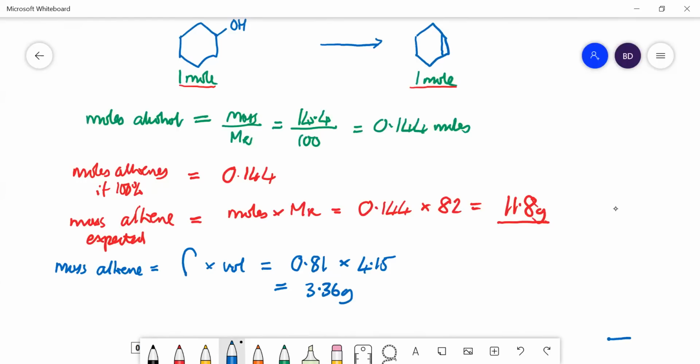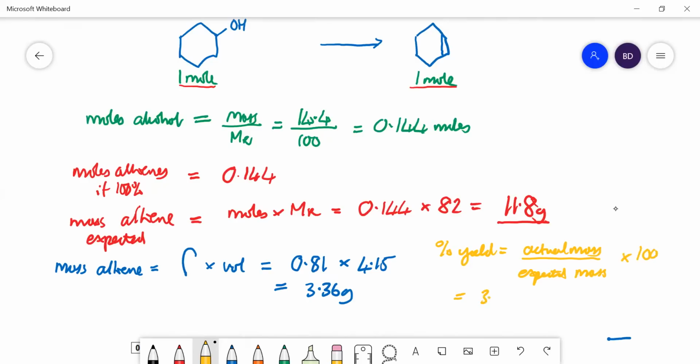Finally, the percentage yield. Percentage yield is the actual mass over the expected mass multiplied by 100.